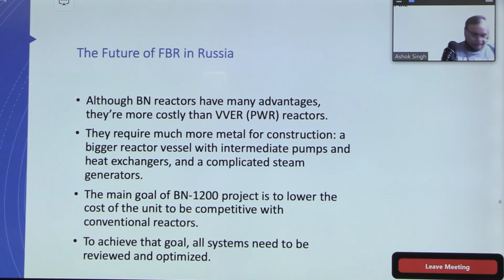Further, Indian technology differs from the Russian technology in various ways, because India has adopted a technology design where we will be able to use thorium also. Russia does not have that plan.